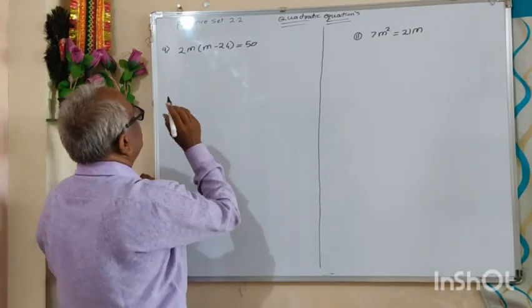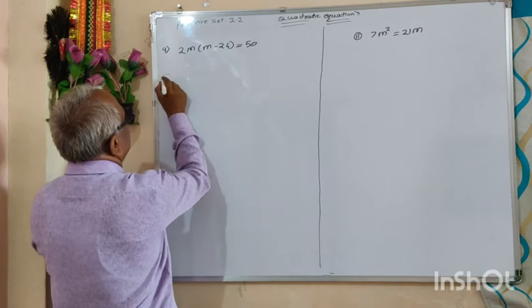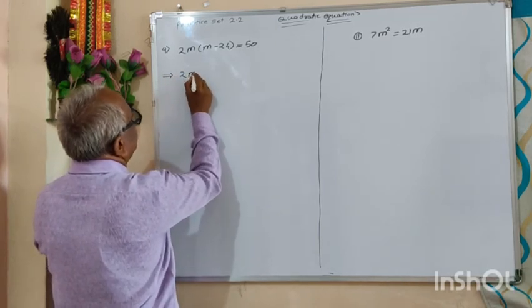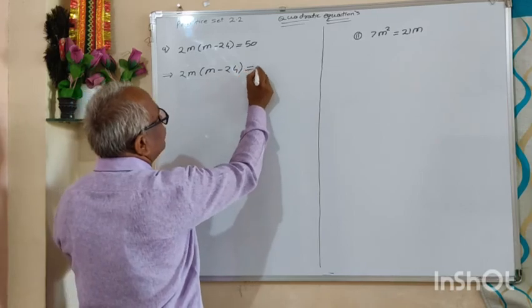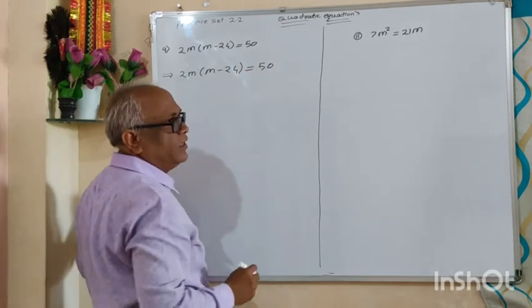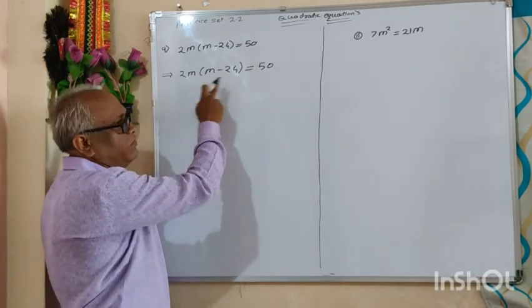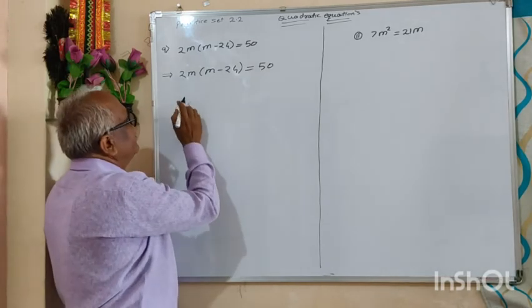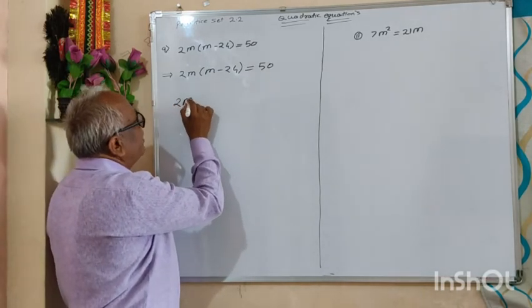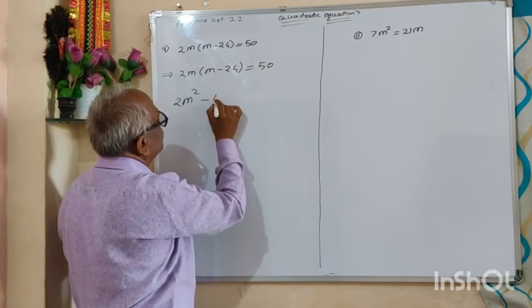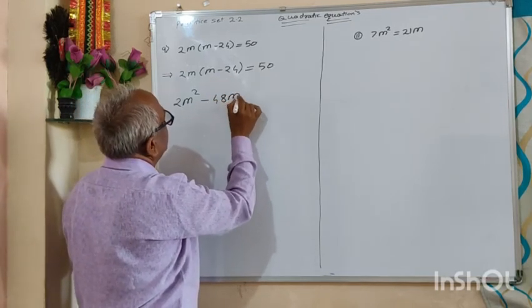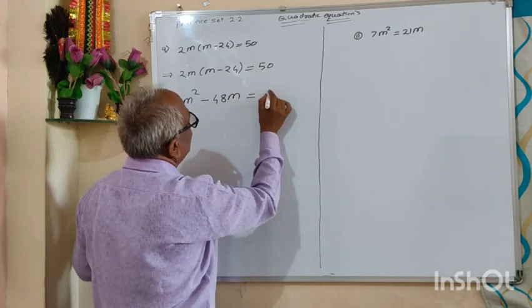Now 9th example, the question is 2m in bracket m minus 24 is equal to 50. Now we will solve the bracket. 2m square minus 2 into 24, that is 48, m is equal to 50.